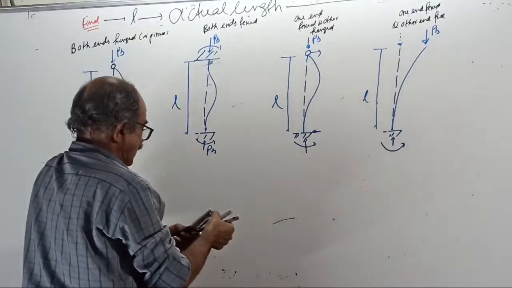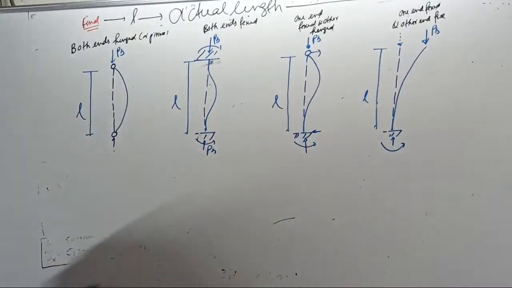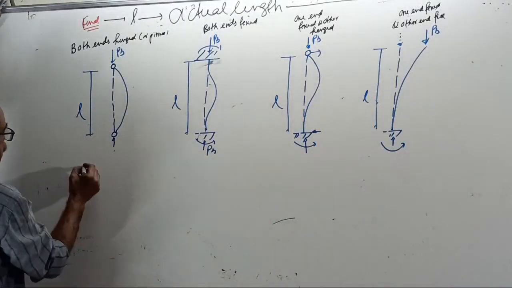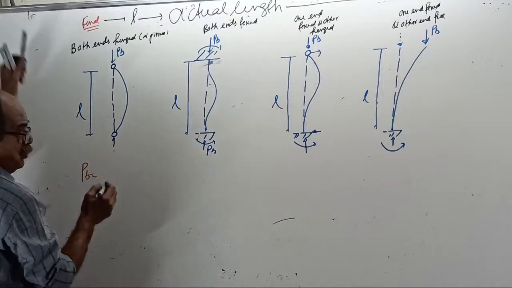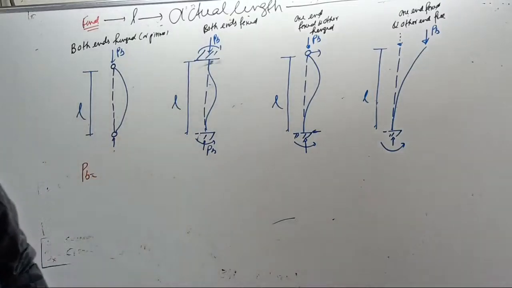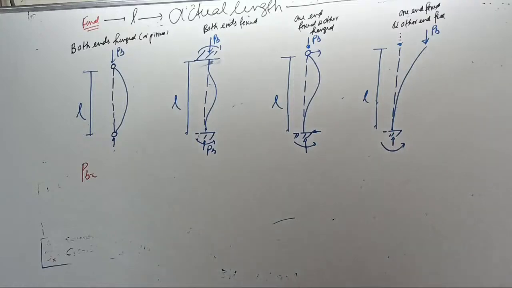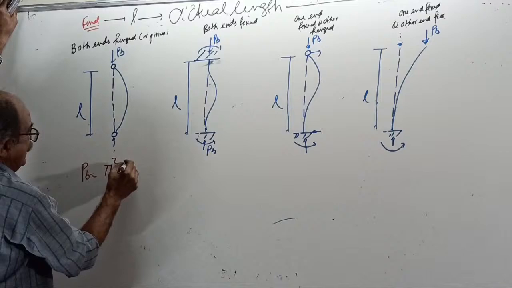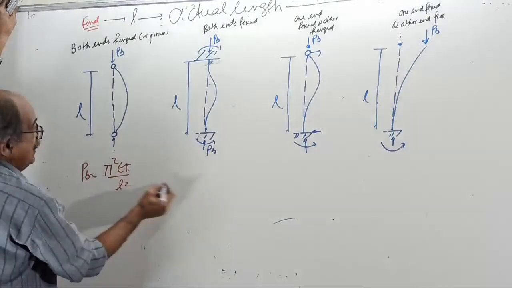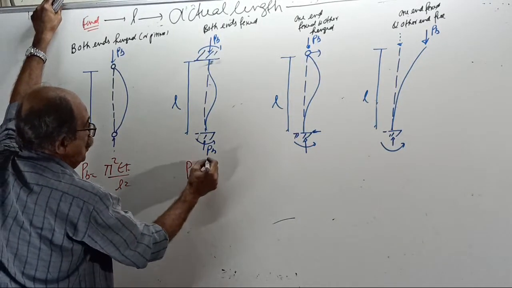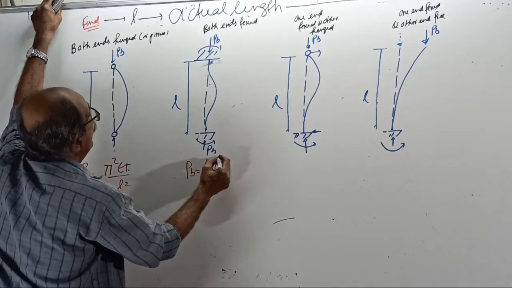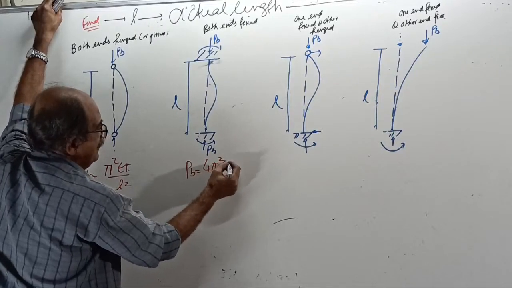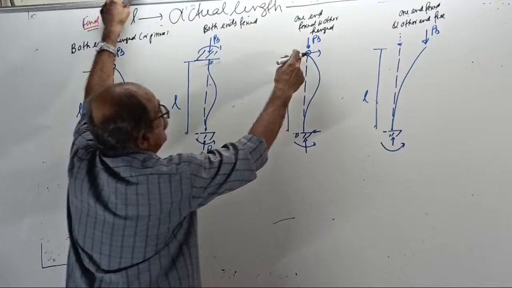I use red color. What I got is buckling load PB equal to pi square EI by L square. I got PB equal to 4 pi square EI by L square for both fixed.